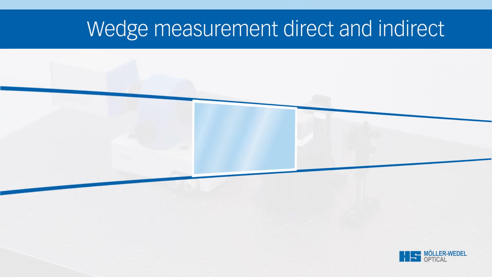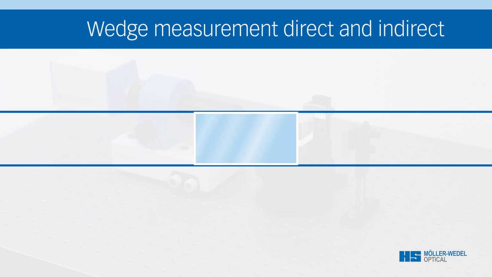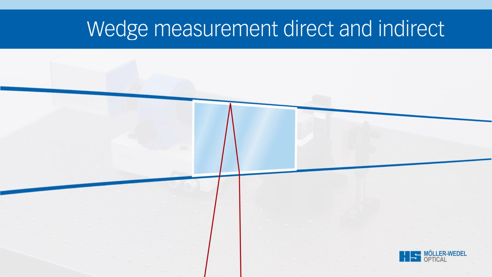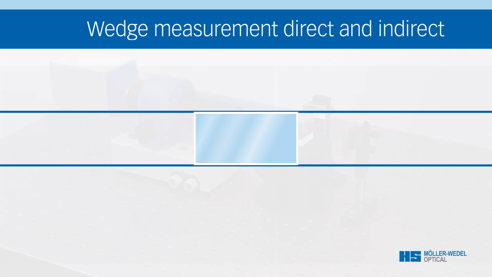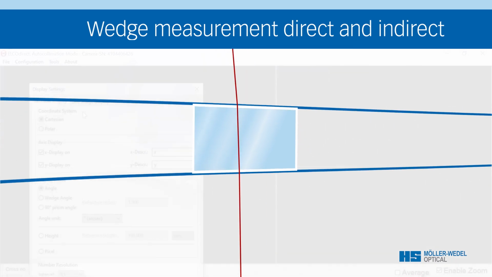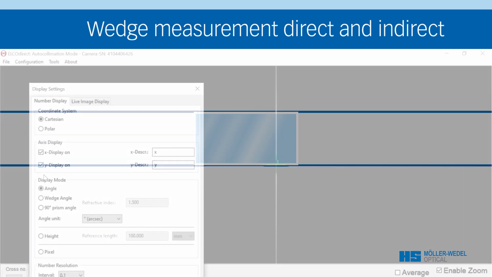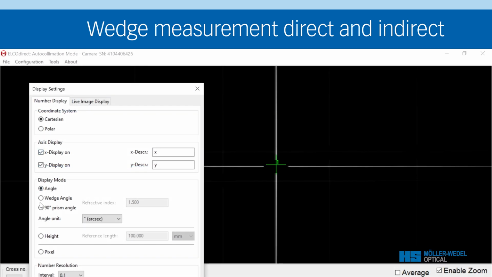Wedge angle measurement. Wedge angles of transparent optical wedges can be measured directly or indirectly. Direct measurement evaluates the reflections from the front and back surfaces of the wedge, while indirect measurement measures the deflection of a light beam by the wedge. To measure the wedge angle using the direct method, the measurement method is first set to wedge angle in the software menu.